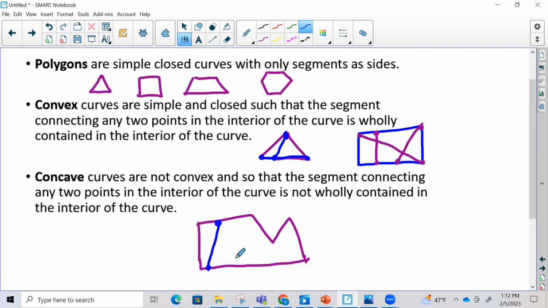But it is concave if there exist 2 points that if I pick them and connect them with a line segment, there would be no way that line segment could be completely inside this figure. So if I were to connect these 2 points, and that's not a very good straight line, so let me fix that.